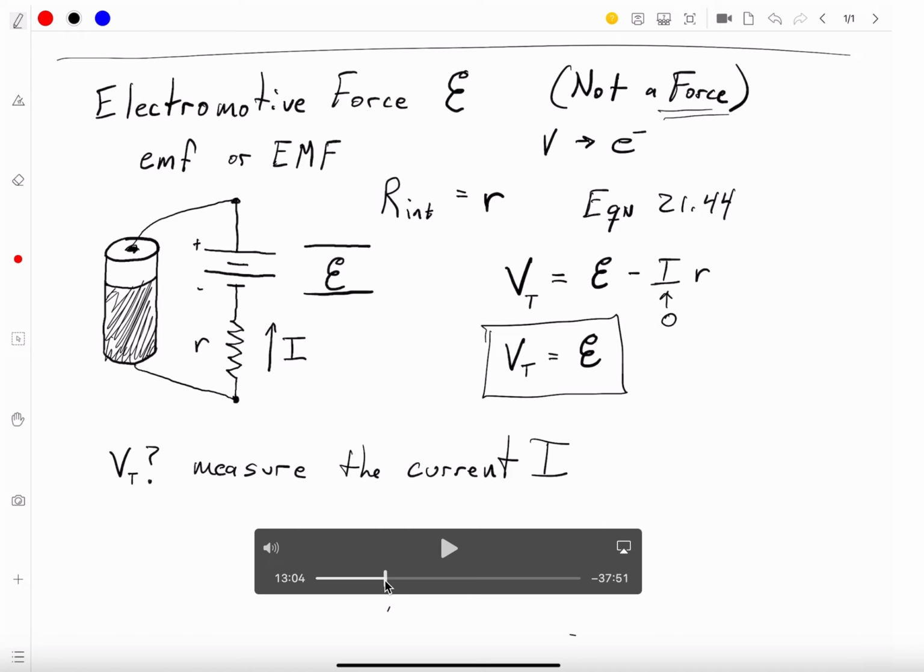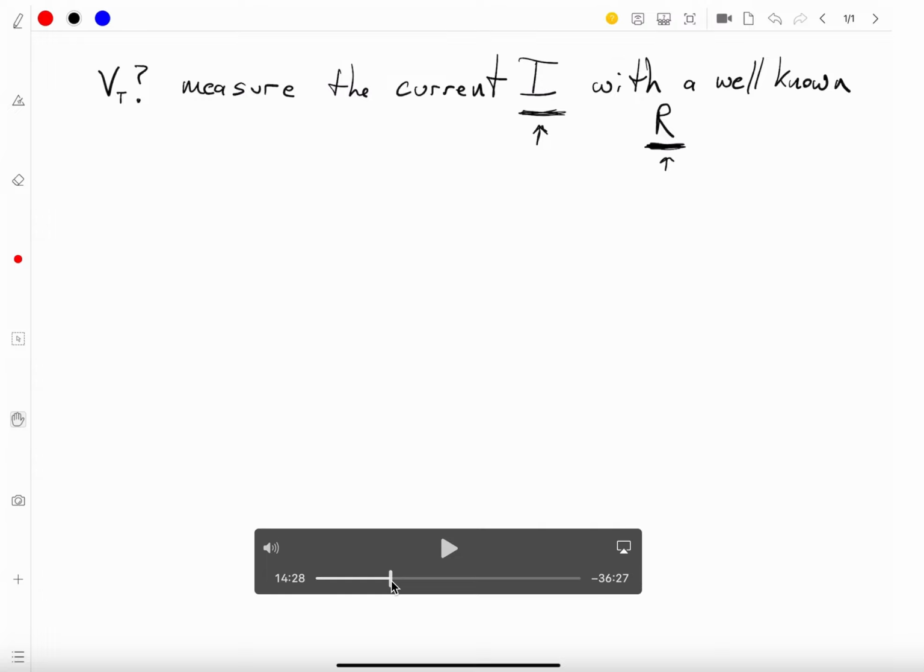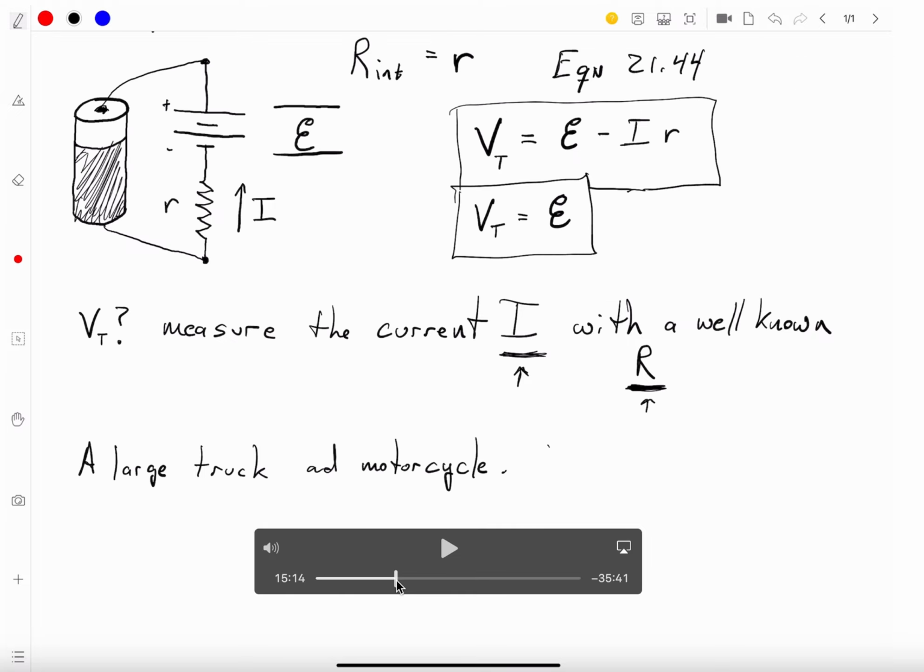What is measurable, however, is current. We measure the current, and if we have a well-known resistance, we can say, oh, I measure current, I have a resistance, and because V equals IR, I find out what that terminal voltage is.